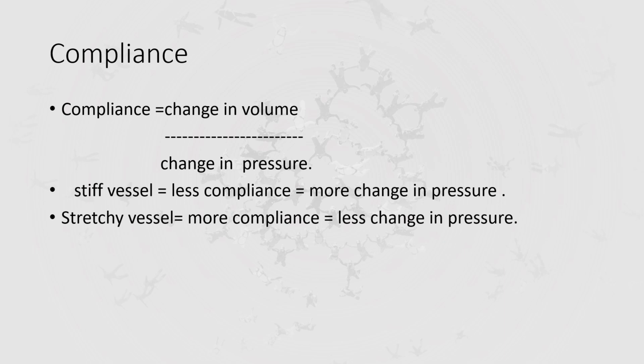Whenever a stiff vessel is there, there will be less compliance, because it has more resistance. Just try to remember it like this. Therefore there will be more change in pressure, so what will happen? There will be increased pulse pressure. And a stretchy vessel will have more compliance, so less change in pressure, and therefore less pulse pressure.